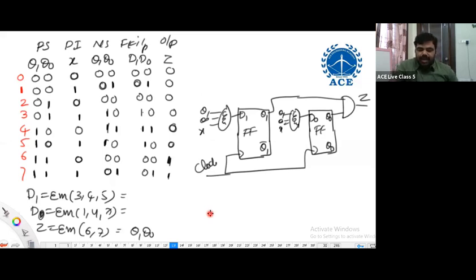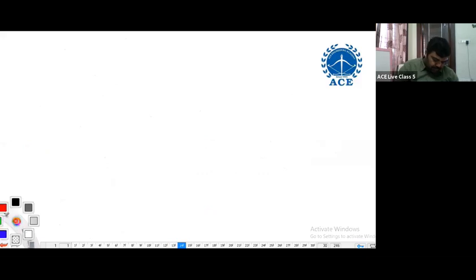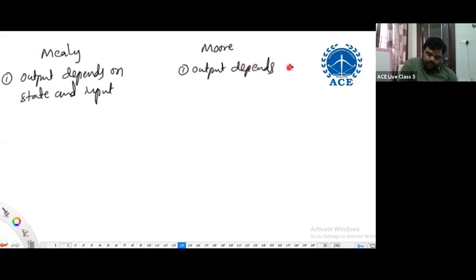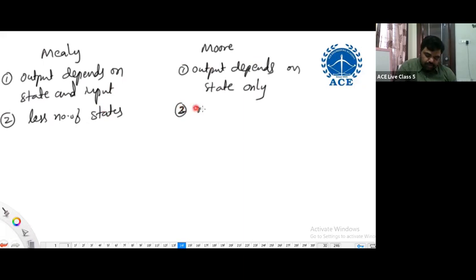In Moore, output depends on state only. Mealy requires fewer states, and Moore requires more states.